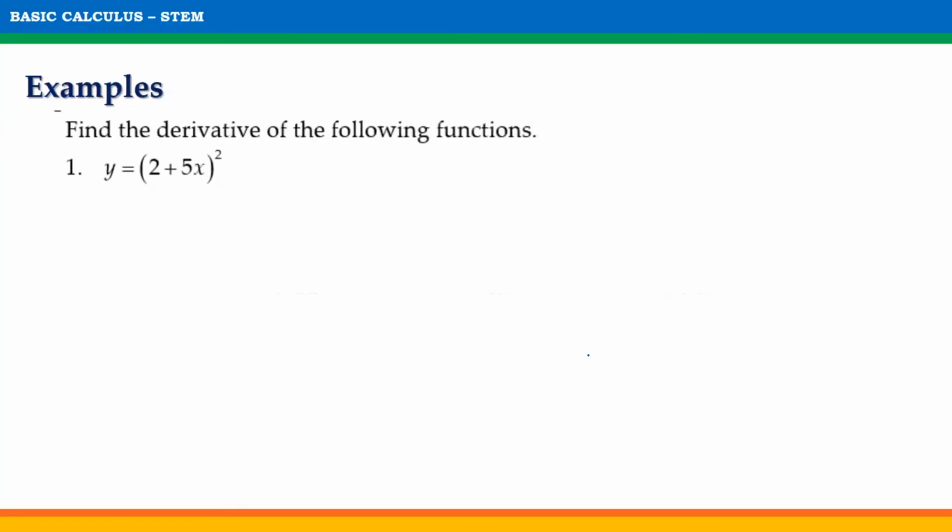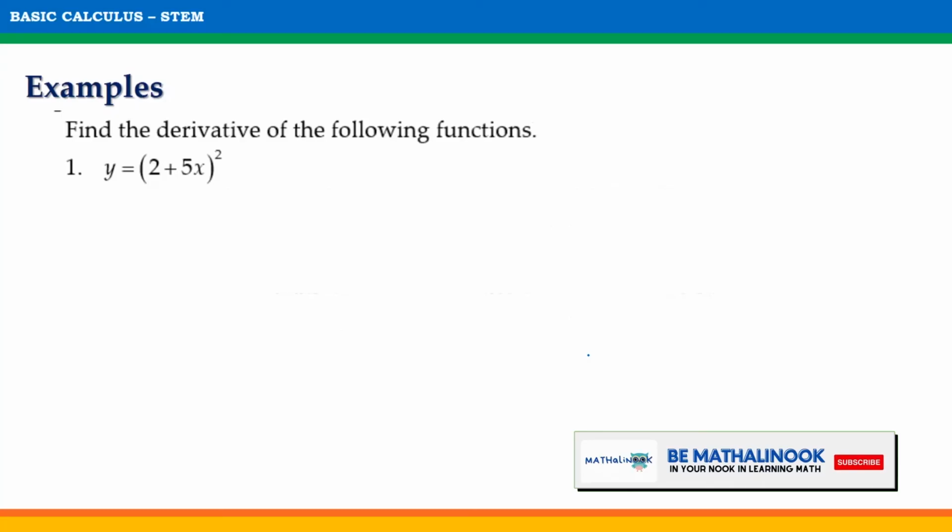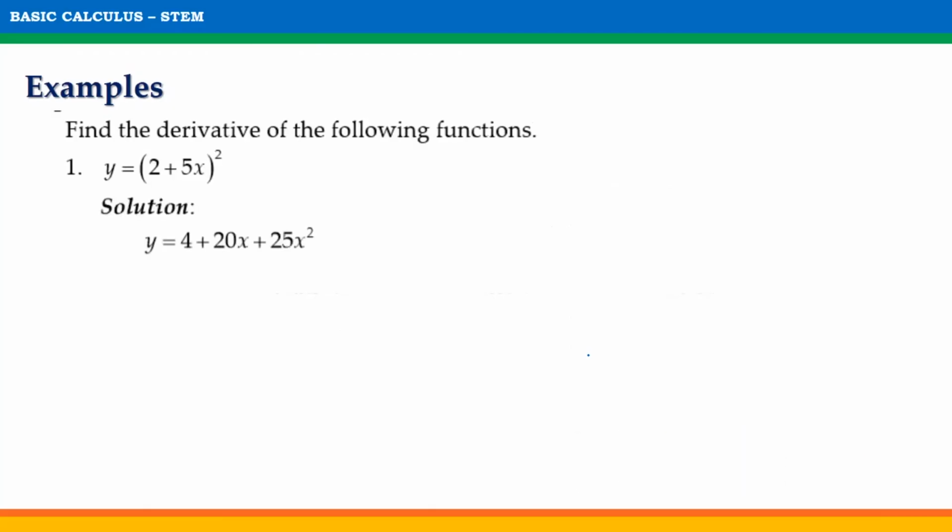For example, find the derivative of the following functions. Y equals 2 plus 5x quantity squared. From here, we can simplify 2 plus 5x quantity squared to be equal to 4 plus 20x plus 25x squared.